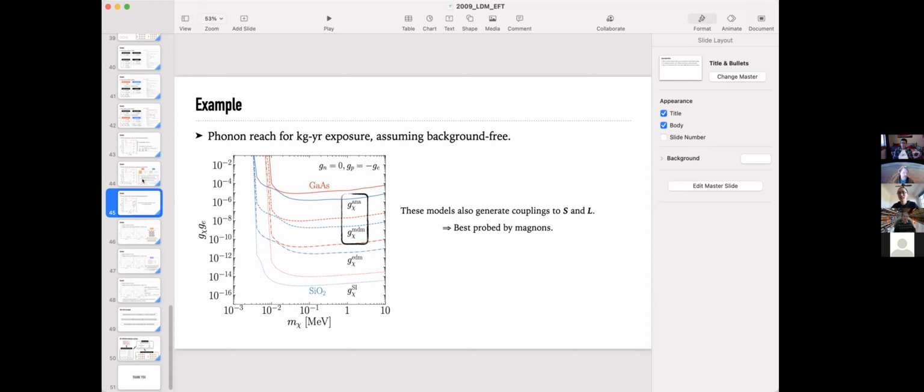Do you just detect one phonon, or when you say the reach? Yeah, so we're assuming 3 events per kilogram year. 3 phonons. Yeah. I mean, each event is a single phonon as a primary process.